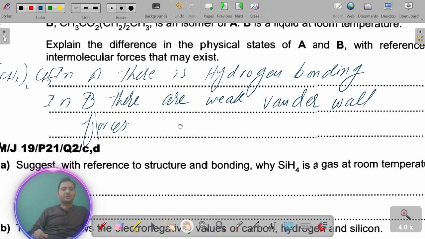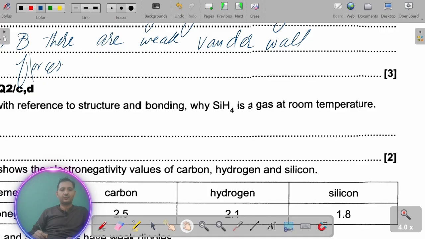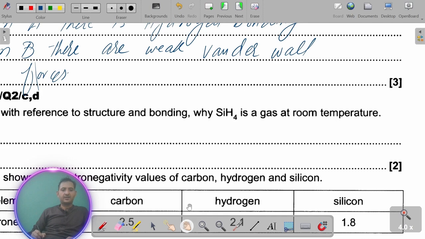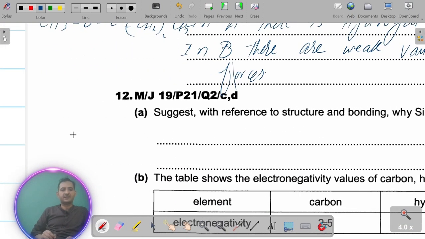Next, suggest with reference to structure and bonding why SiH4 is a gas at room temperature. It is a simple molecule, and there is no dipole-dipole interaction. Silicon is in the center with four hydrogens, so there is no great electronegativity difference and no polarity.